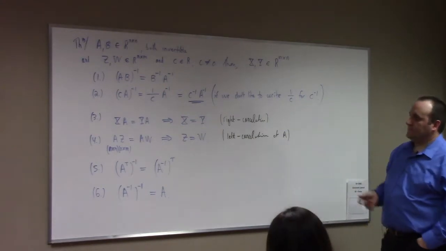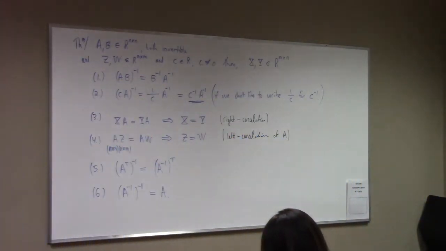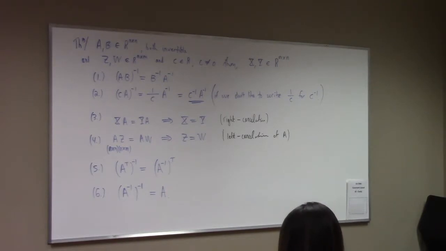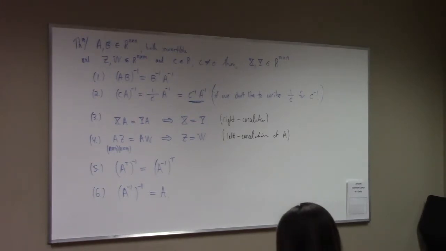So how about AB inverse? What would the proof be that that works? Any of these are fairly simple to prove. I'll look at one. Consider that if we have AB times B inverse A inverse, what happens?